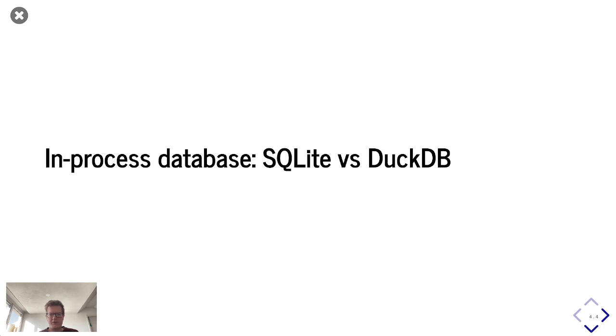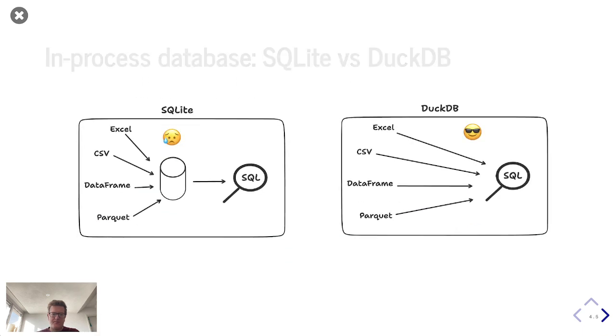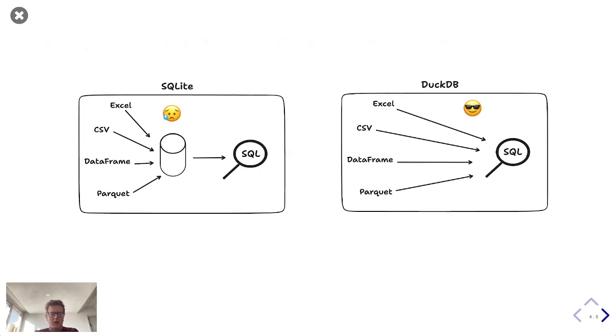But there's a slight difference there, which is quite important for this presentation, because SQLite requires you to first put all the data into the database and then run queries on the data. And with DuckDB, you can run the queries directly on your source data.